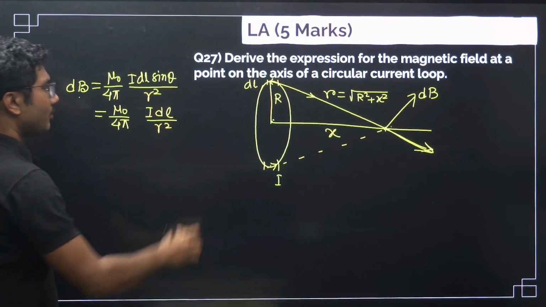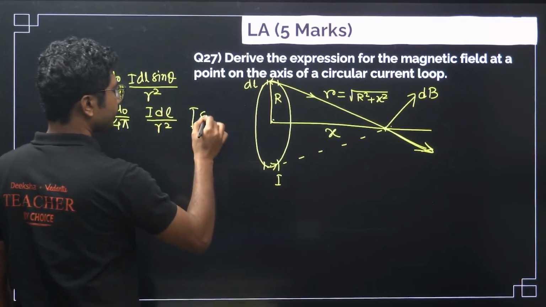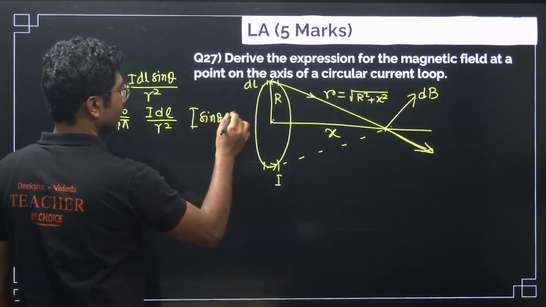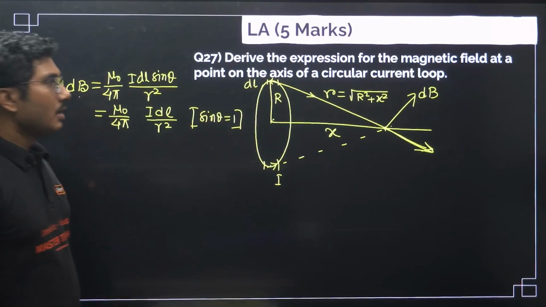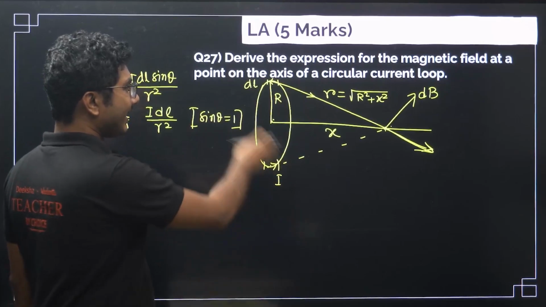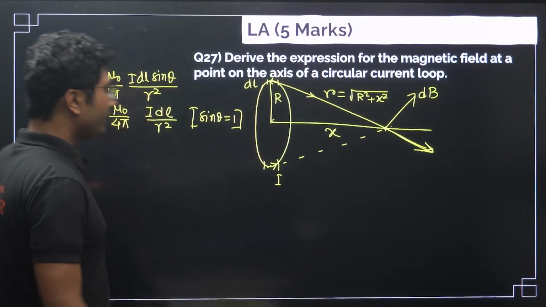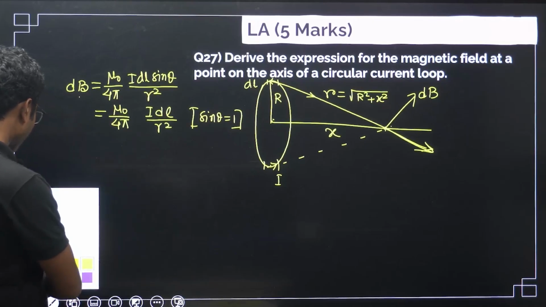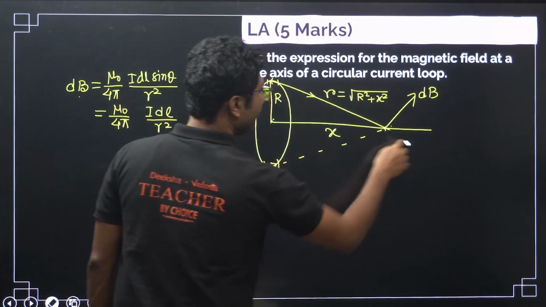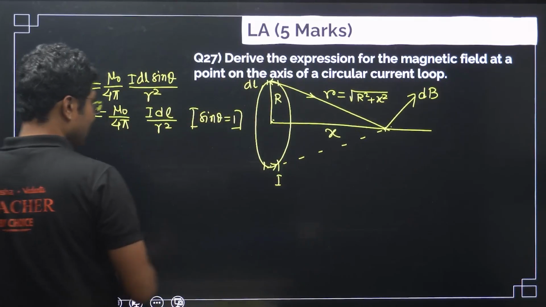But for the diametrically opposite component, the magnitude is the same but the direction will be different. So, what is the case over here?